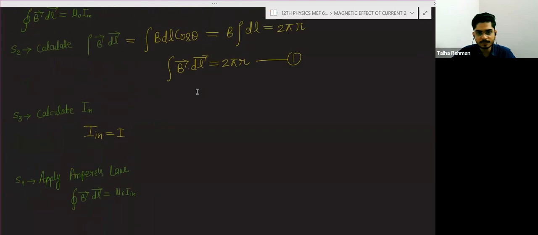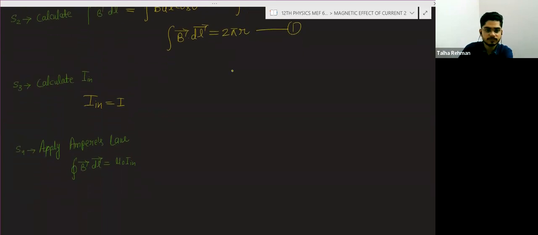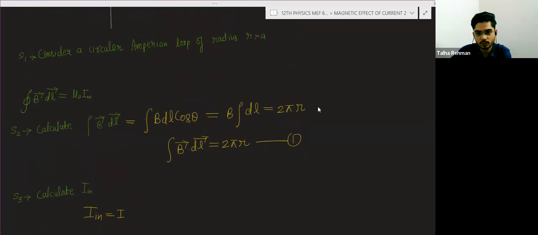So for B dot dl you have B into 2 pi into small r, and this is equal to mu naught I. Here you should write B into 2 pi r, not just 2 pi r, because this B will also be included here.